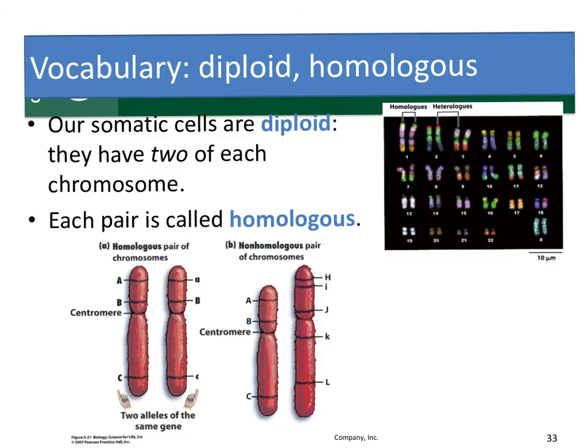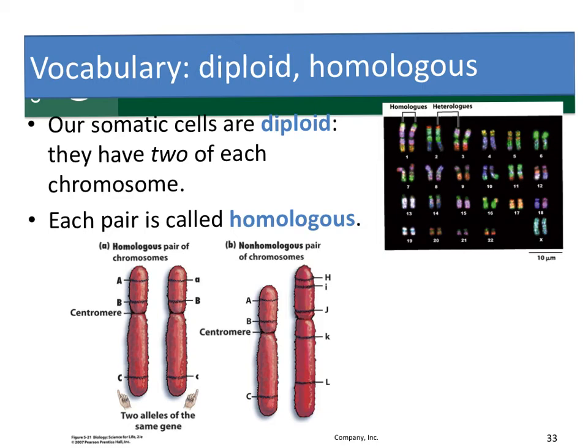So here's back to these slides about what a homologous chromosome is and what diploid is. On the left, in A, we have homologous pairs of chromosomes. They each have the same genes, but different alleles.